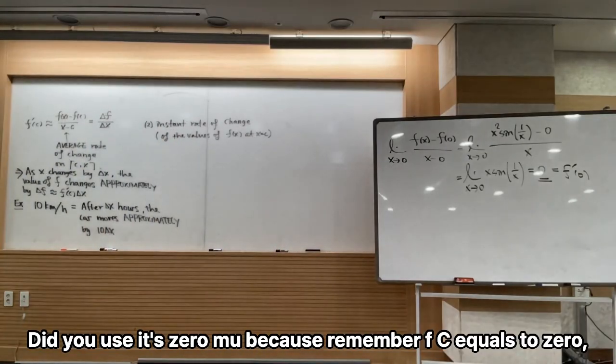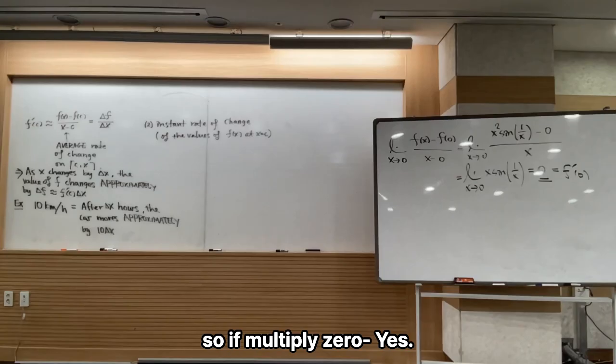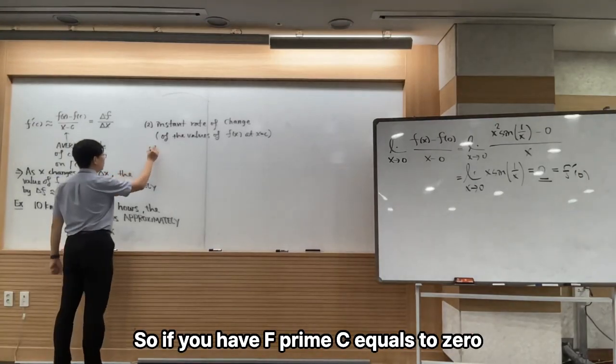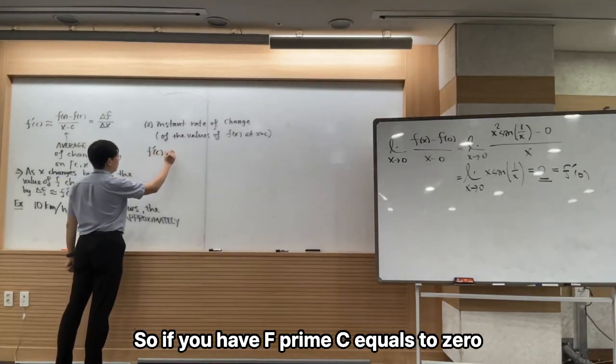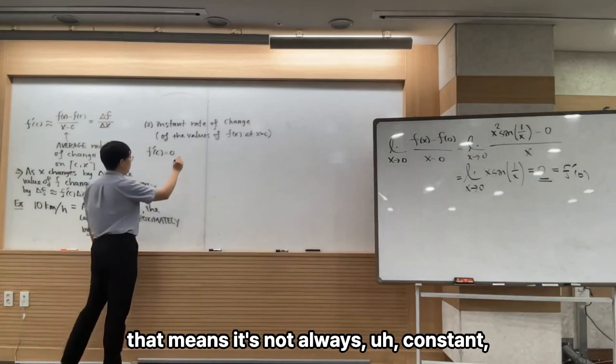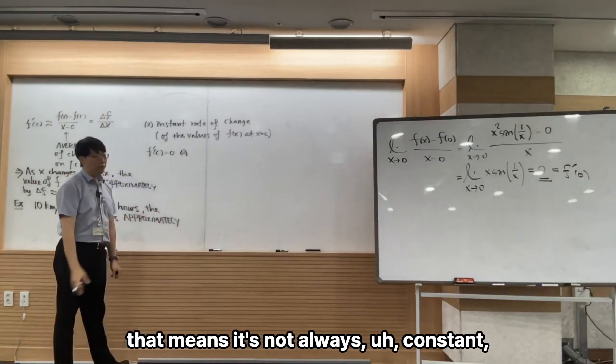Did you use it's zero because we know that t equals 0? Yes. So if you have f prime c equals 0 as our example case, that means it's not always constant.